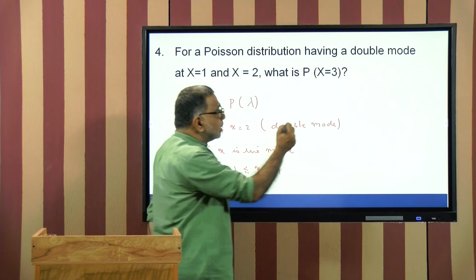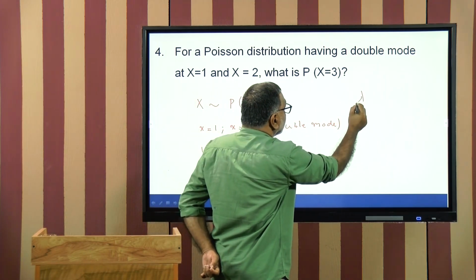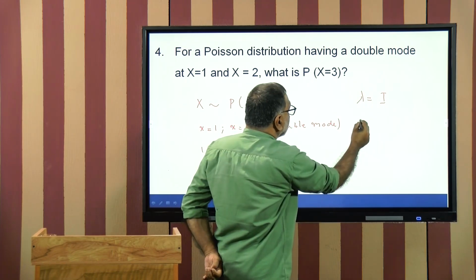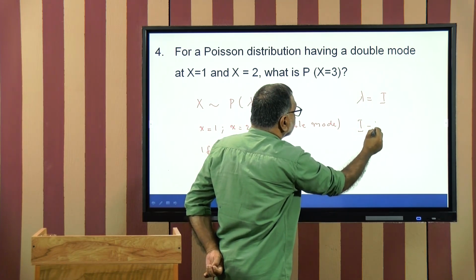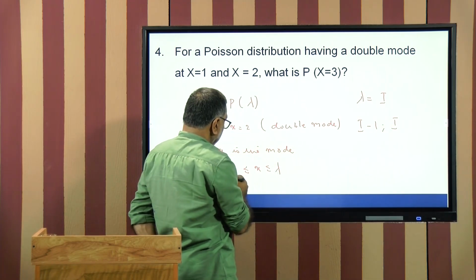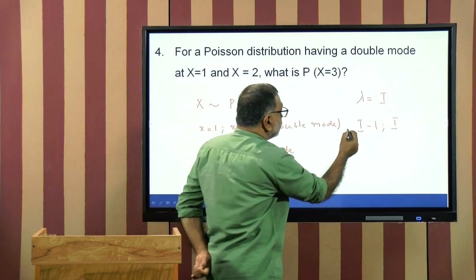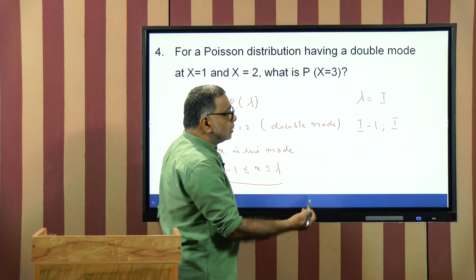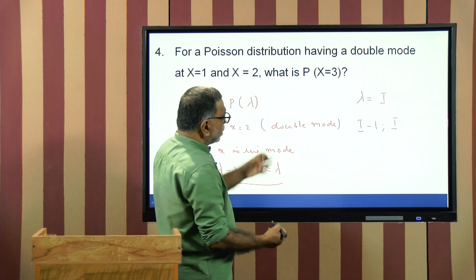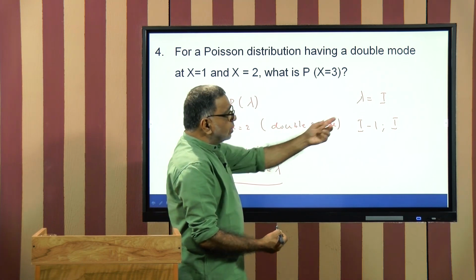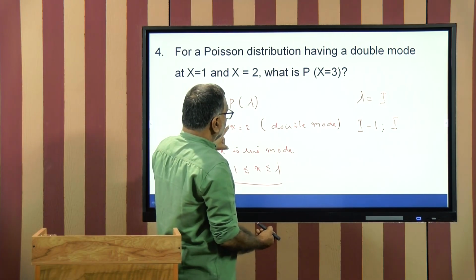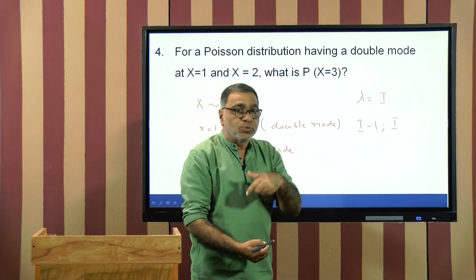So, if lambda is an integer, say i, then i minus 1 and i are the values of the mode. So, a double mode occurs when lambda is an integer, and what is given to you is that x equal to 1 and x equal to 2 are the modes.